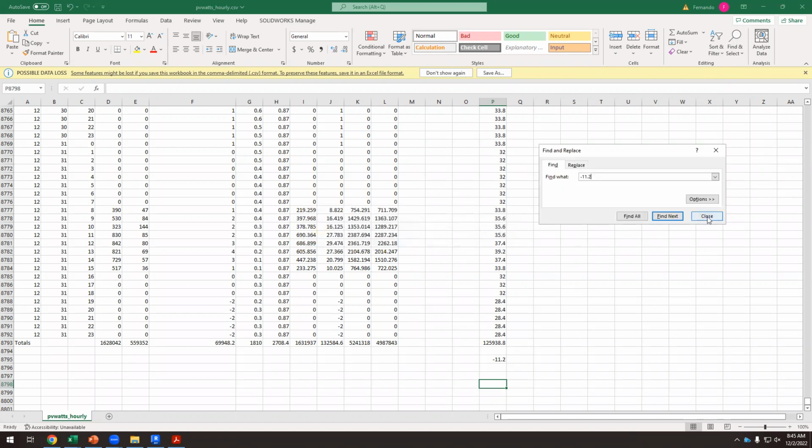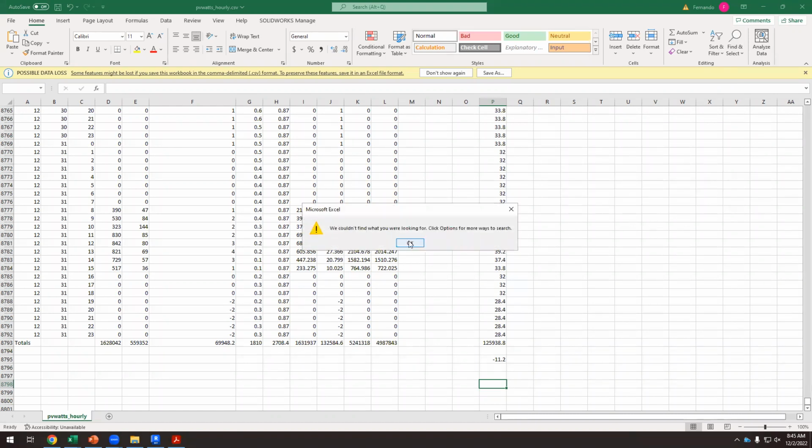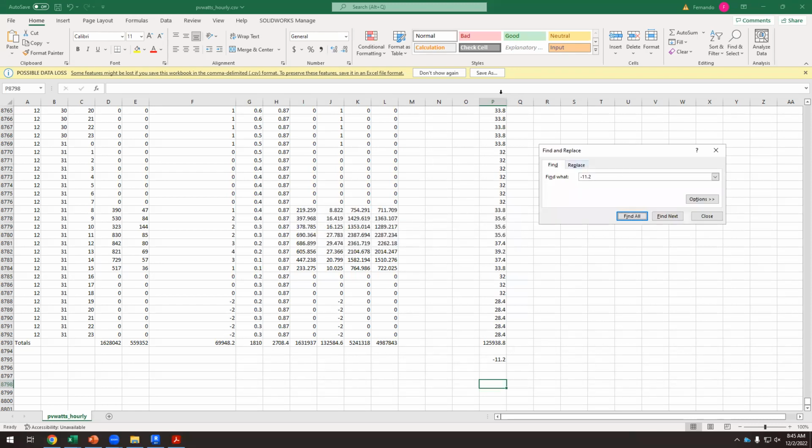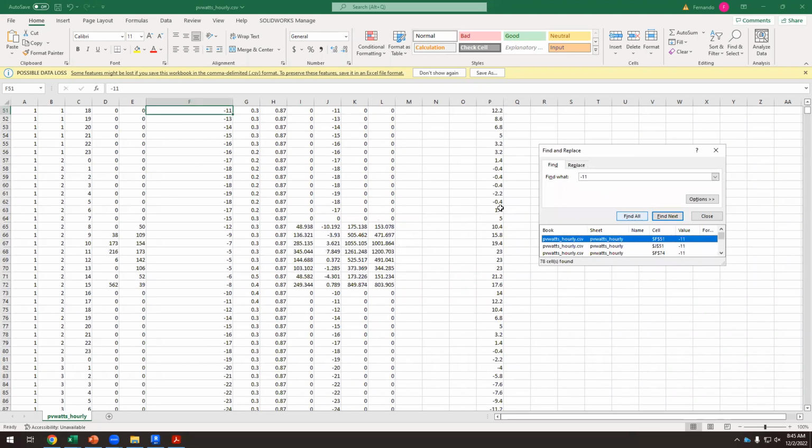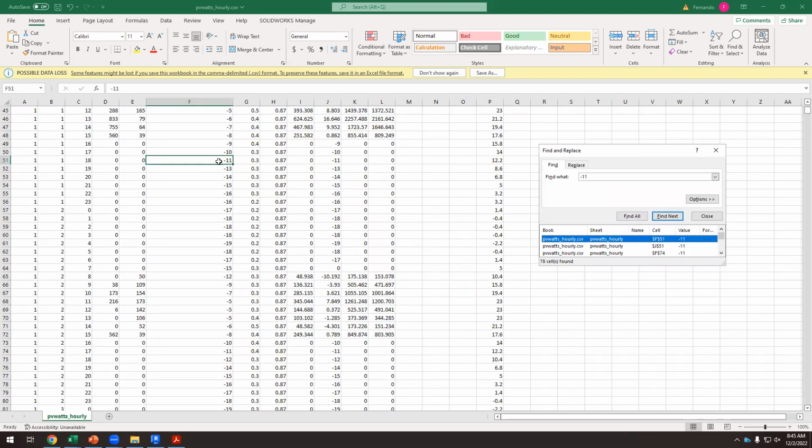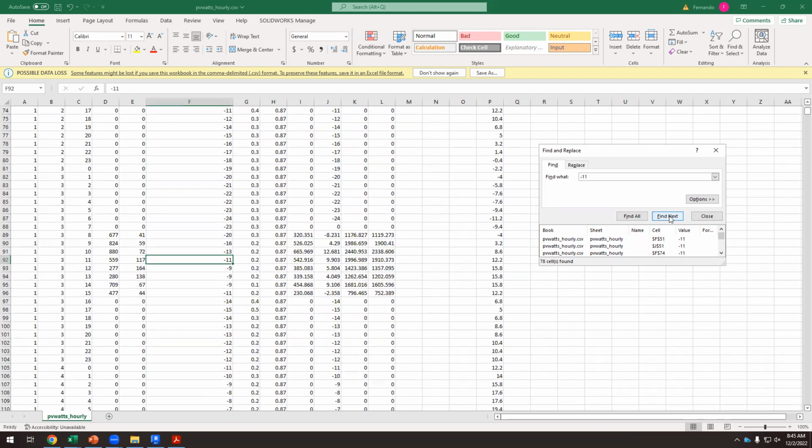Can't find it. Find all. It's weird. And what about the negative 11? Okay. So negative 11, I have a negative 11, but here in Celsius, but I want to find negative 11 in Fahrenheit.